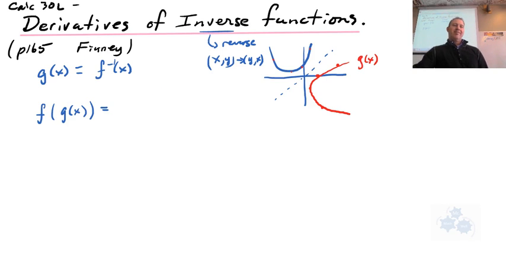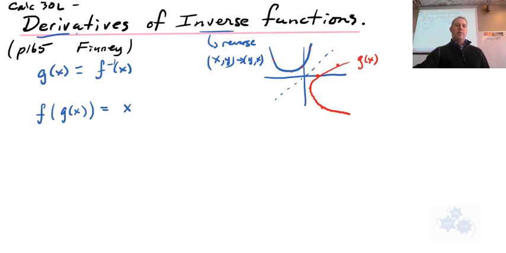Yeah, it's x. So if g of x is the inverse, it's like f of f to the negative 1 of x. If you put f to the negative 1 of x inside of f, you get out x. So this is what we get when we compose these two functions.